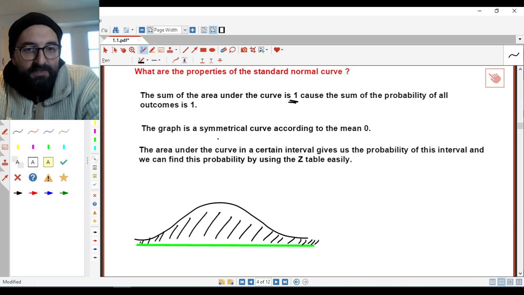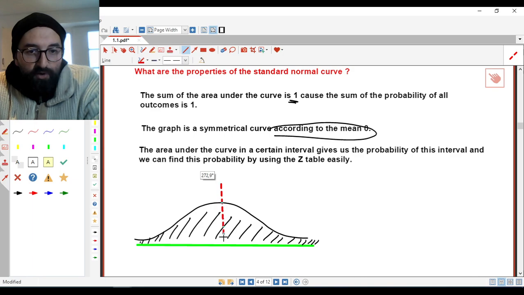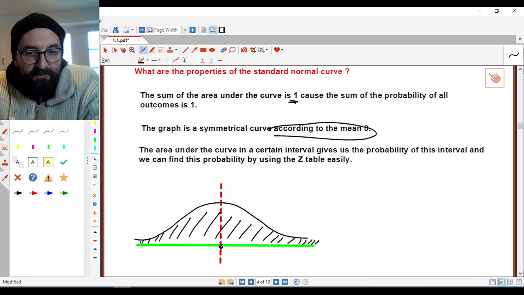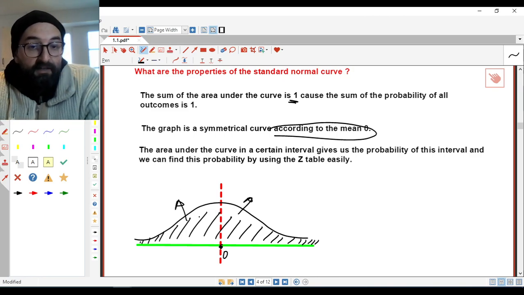The graph is a symmetrical curve according to the mean 0. As you remember, 0 is the mean, and according to the mean the curve is symmetrical. This area and this area have to be equal.